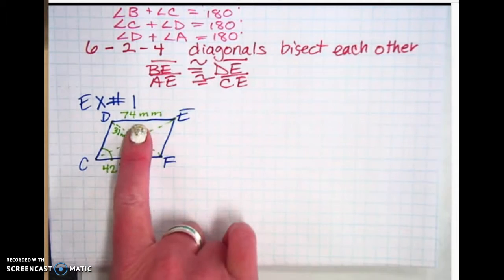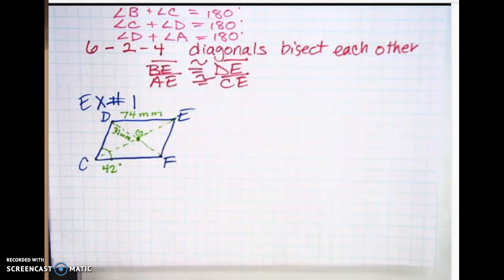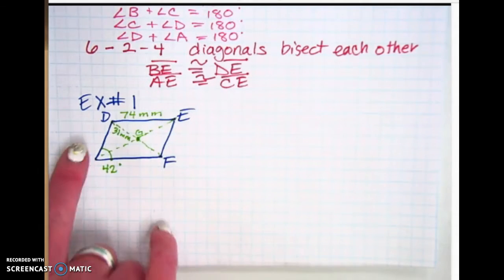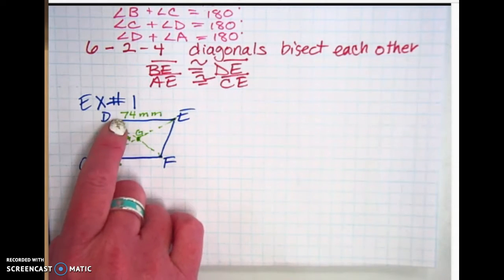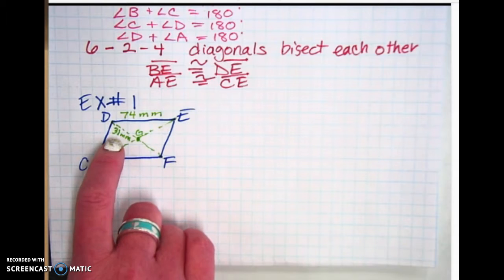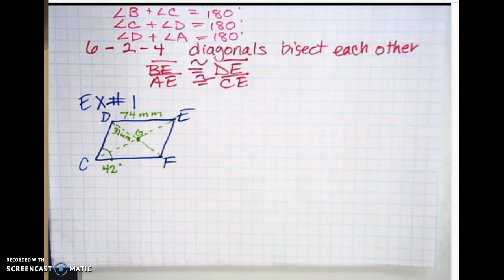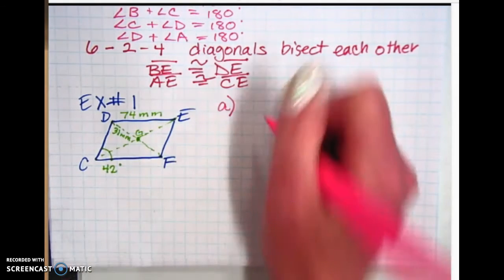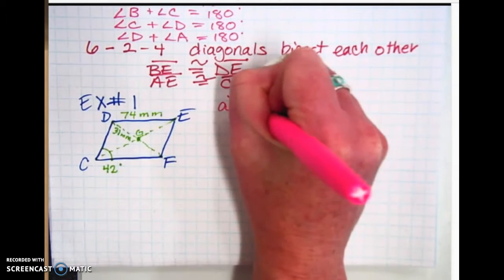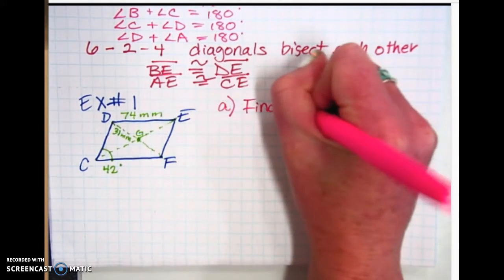Okay, so I've got 3 things labeled. Side DE is 74 millimeters. Angle C is 42 degrees. And this little part of the diagonal is 31 millimeters. So we're going to have 3 questions, 1 for each of them. We'll call it part A, part B, and part C. So part A, first part, we want to find the length of CF.